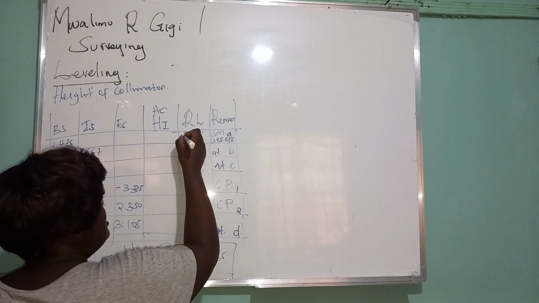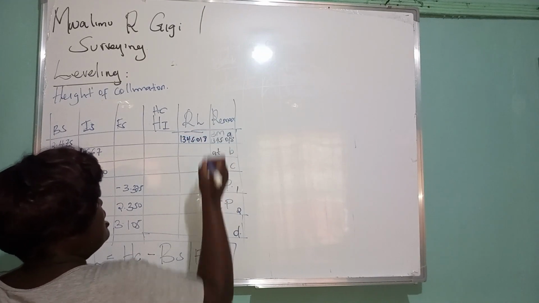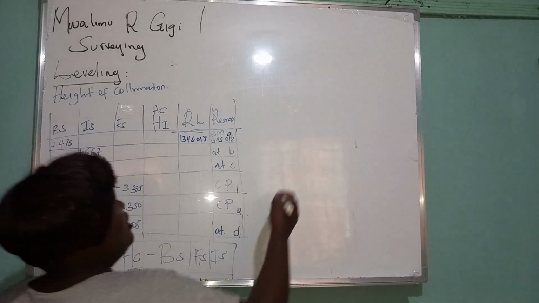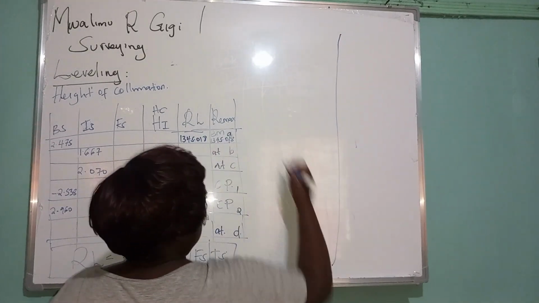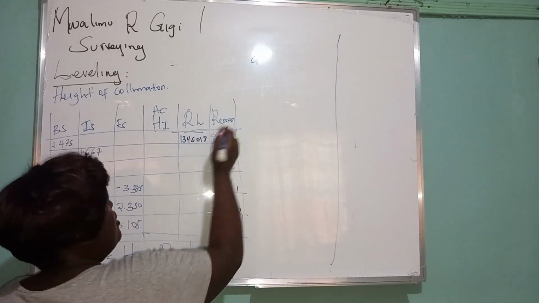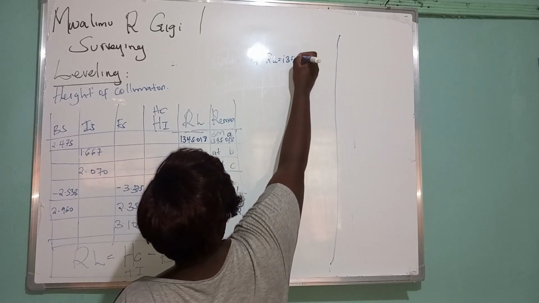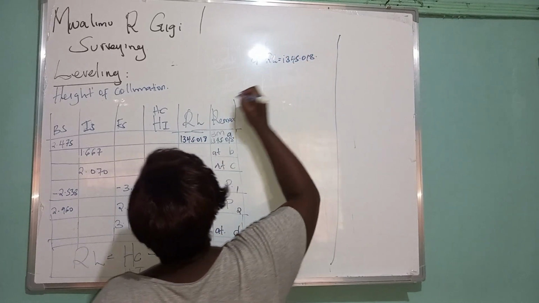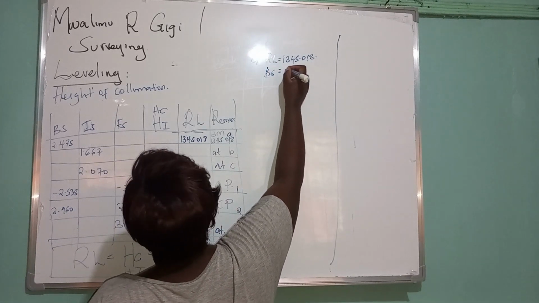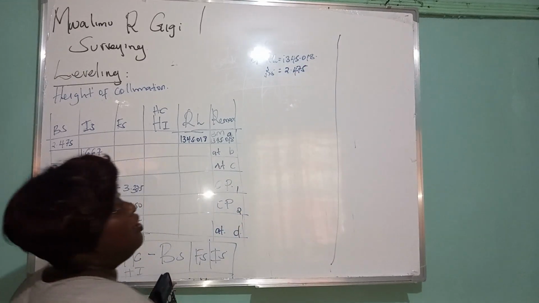At point A, which is the benchmark, we have been given the reduced level as 1345.018. So we can start calculating. At point A, we have the reduced level as 1345.018. Then we have a backside of 2.475.